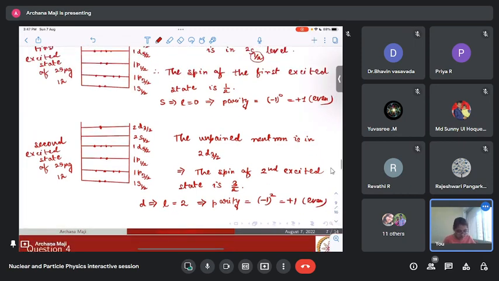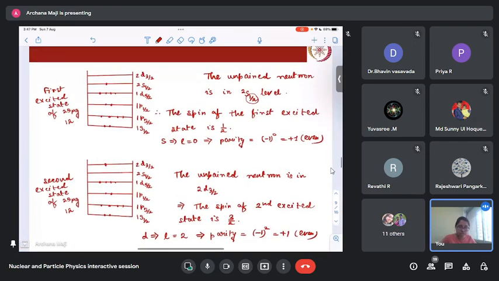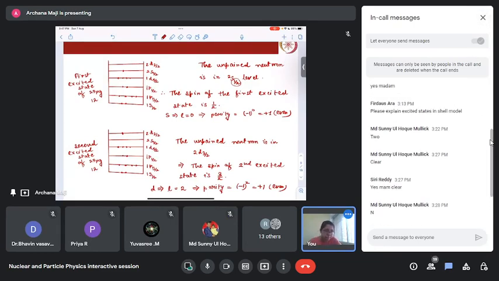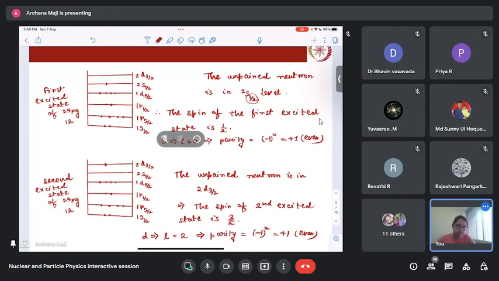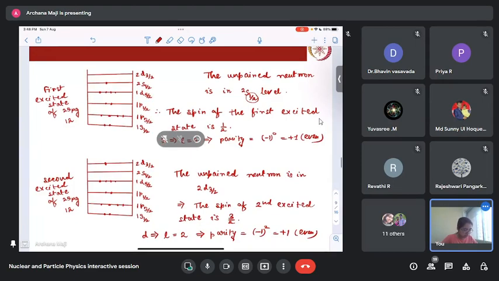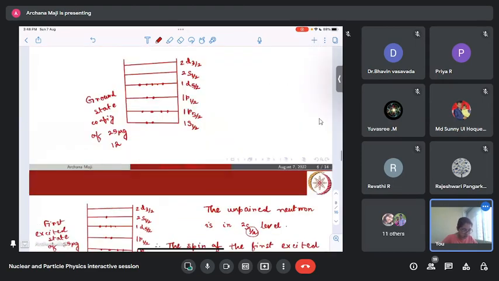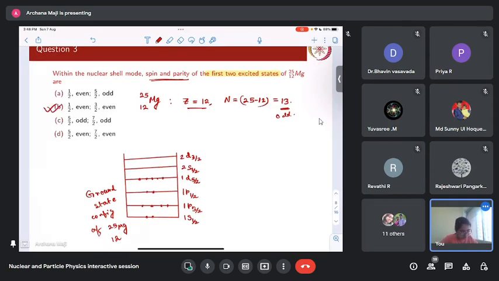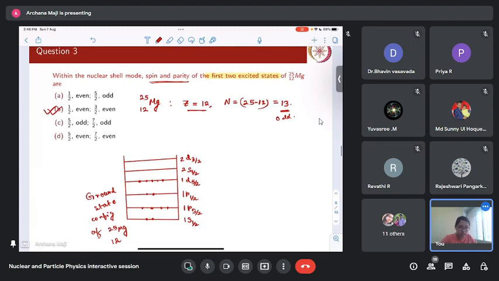Fine. So the person who was asking to explain the excited states of nuclear shell model, is this clear? Who was asking? Okay, so the correct answer would be option B. Any doubts on this problem?